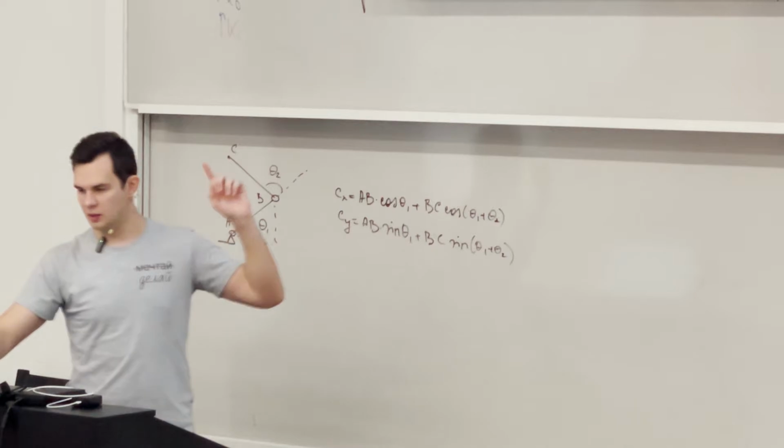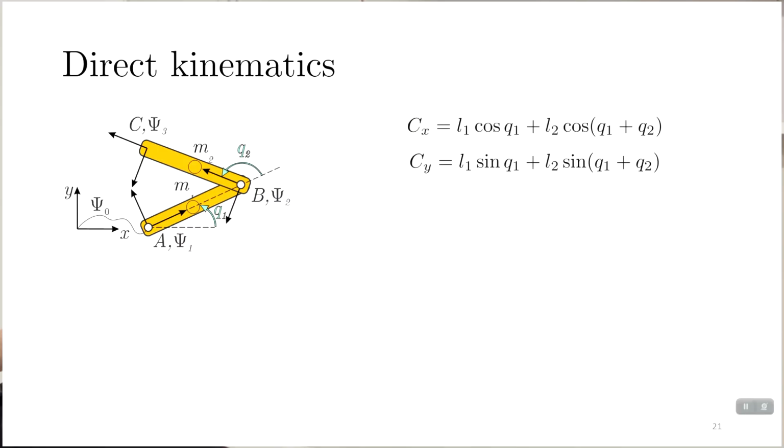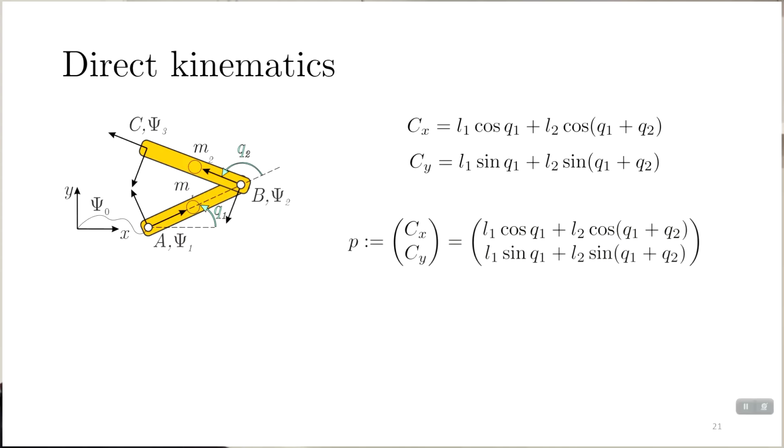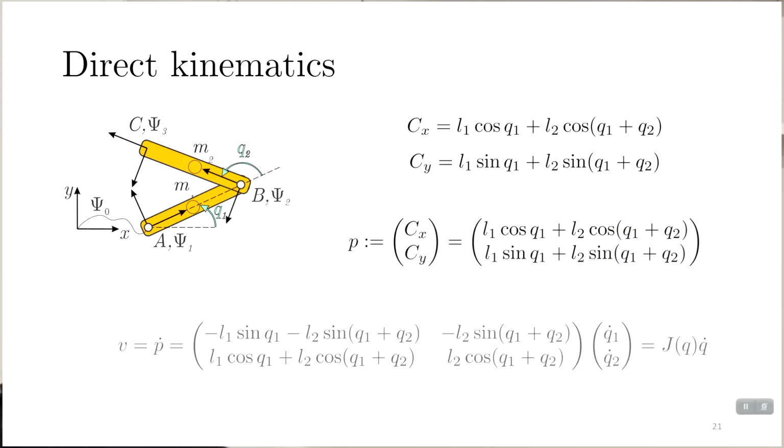So this is the equation that I just wrote. We can assemble it in matrix form. We can take a time derivative to compute the motion of the end effector, and it will be Jacobian times an angular velocity. Can you see it here?